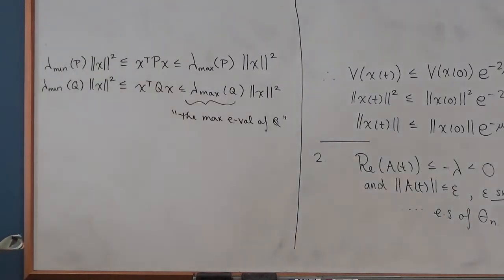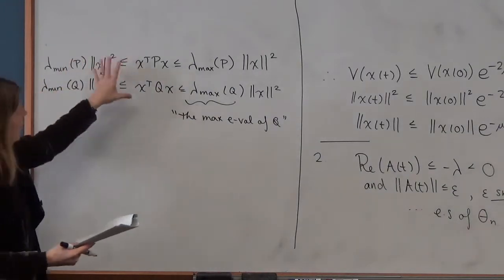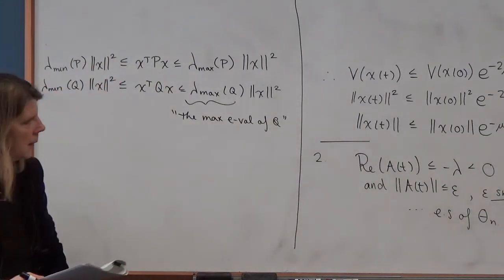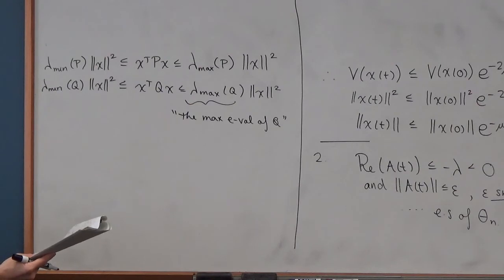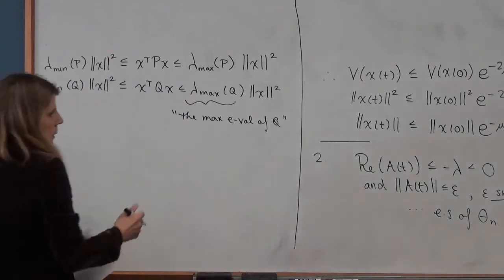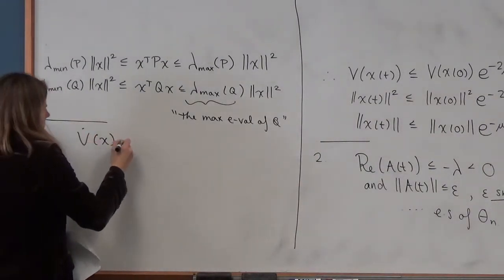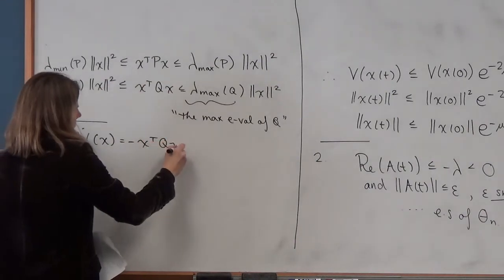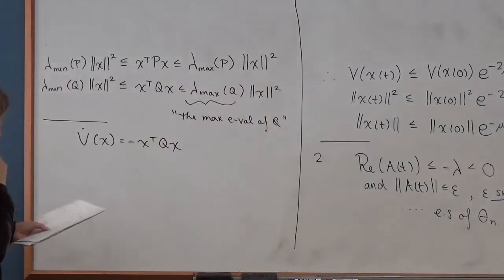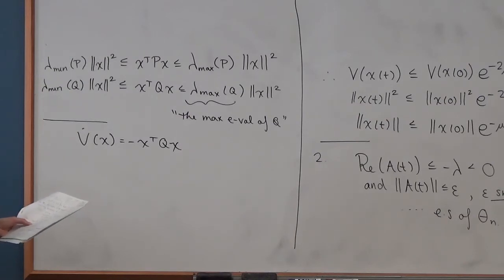So now we want to establish exponential stability of x of t. We've got four inequalities here that are going to help us. We've got that V of x is x transpose Px, and V dot of x is minus x transpose Qx. Let's go back to V dot of x, which is minus x transpose Qx, and use this bound.